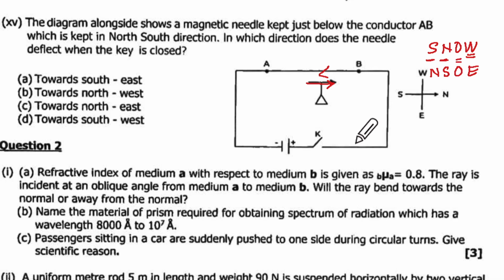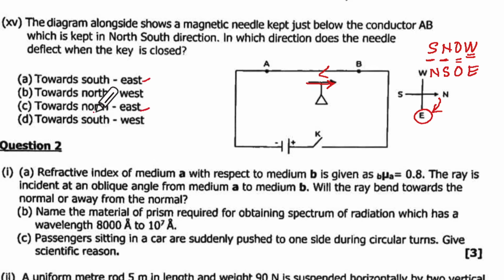So if the current is going from B to A, then the north pole is going to turn east. So towards what is it? Where is east? It is going to go this way. Which east? There is this east and this east.